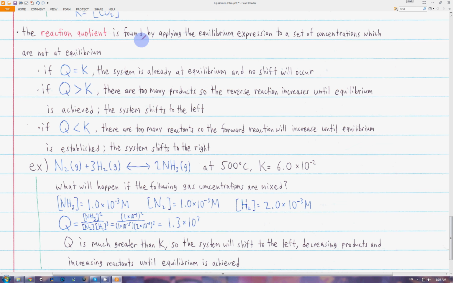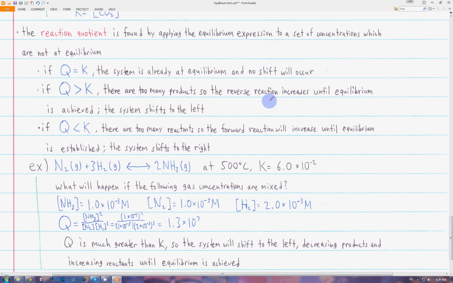If Q is greater than K, then that means there are too many products, because remember the numerator of the equilibrium expression is the concentrations of products. So if there are too many products, then the reverse reaction must increase until equilibrium is achieved again.